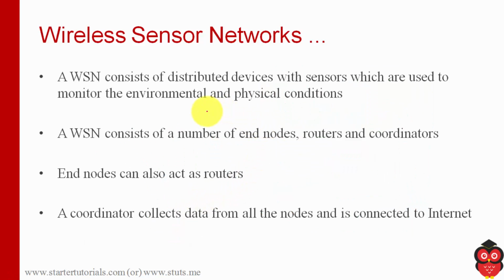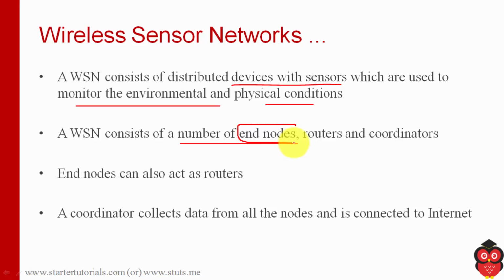So let's look at some points regarding wireless sensor networks. It contains different devices which will have embedded sensors that are used to monitor environmental or physical conditions, like sensing the light or monitoring the temperature, humidity, etc. And a wireless sensor network contains a number of nodes.